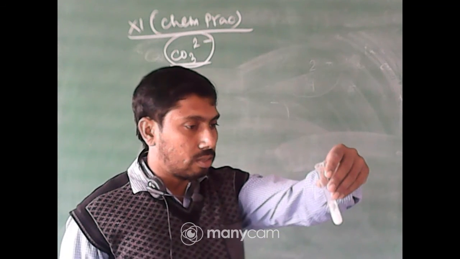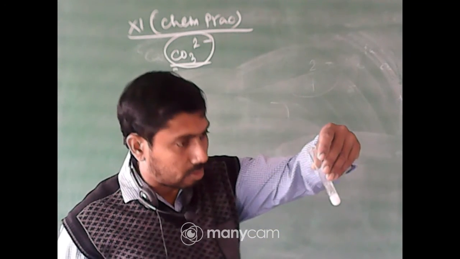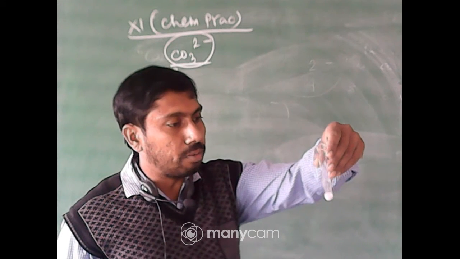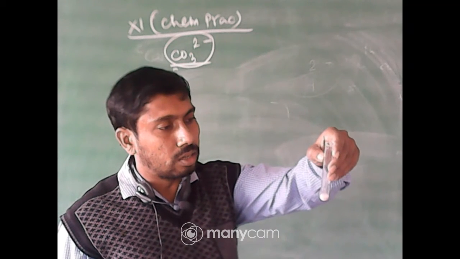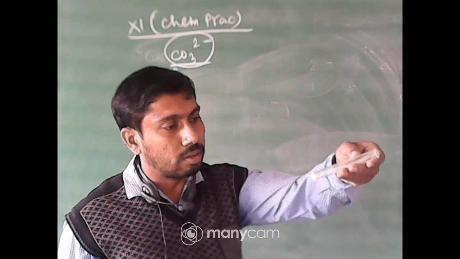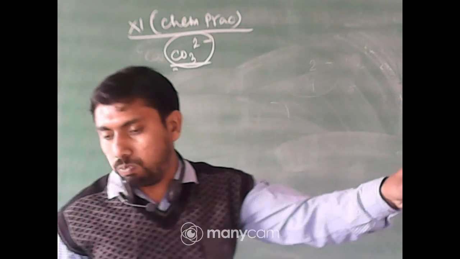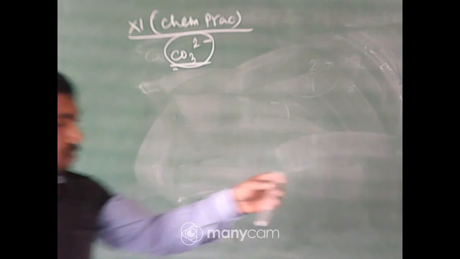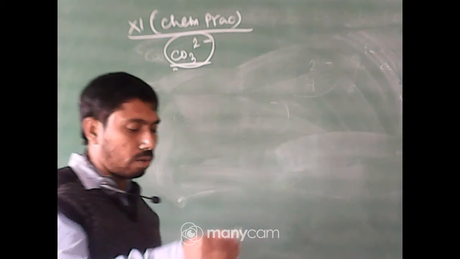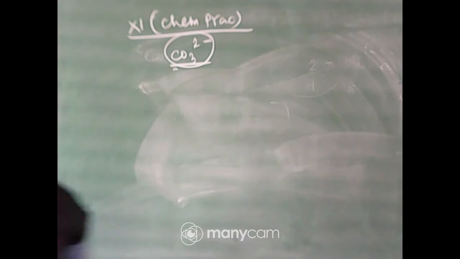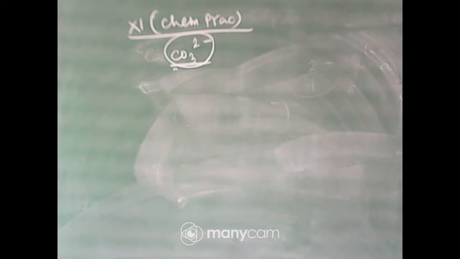Just look at this, and high effervescence occurred. And a pungent smell is coming out, that is due to the formation of carbon dioxide here. This is one test, this is for carbonate.